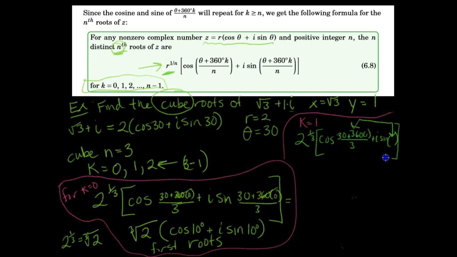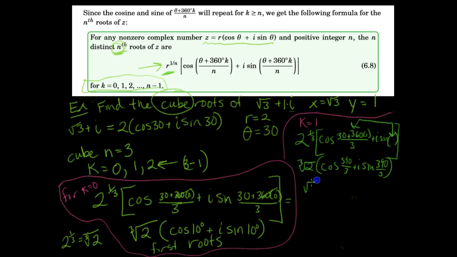If you clean that up, you've got the cube root of 2, and then parentheses, cosine, and this ends up being 30 plus 360 is 390, 390 over 3, plus i sine of 390 over 3, which ends up being 130.